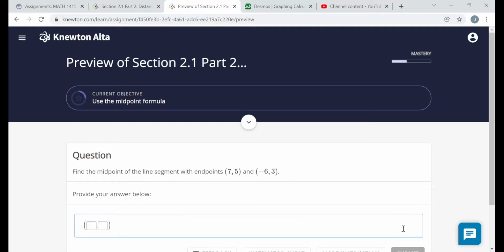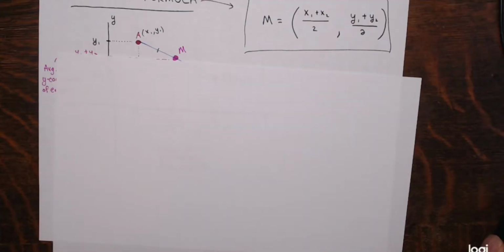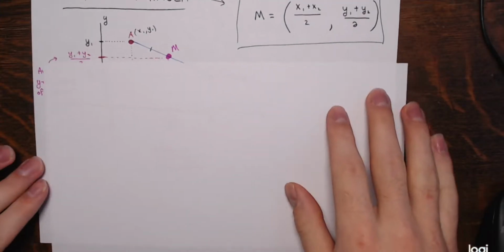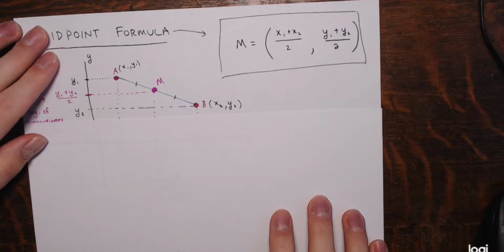Alright, now we're back to the objective on using the midpoint formula. So let me bring that one back. Now we're asked to find the midpoint of the line segment with endpoints 7, 5, and negative 6, 3. Remember, the midpoint formula is very simple, I feel.